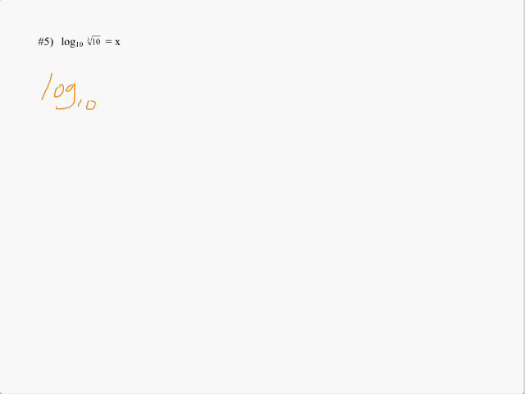What property says you can do that, sir? I think it's just definition of rational exponents, which was in an earlier section. Well, let me make sure that this one here is subscript. This one here is a regular size. This 1/3 is an exponent. Okay, so how does that help us?